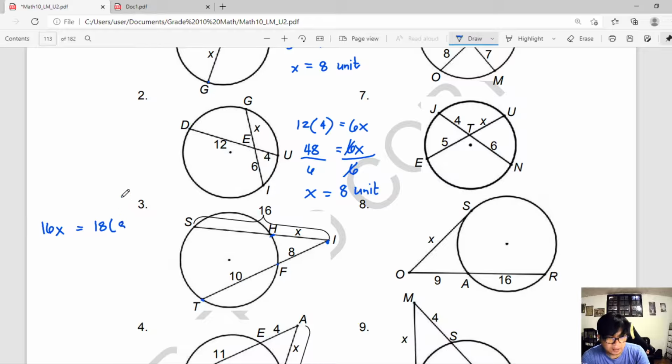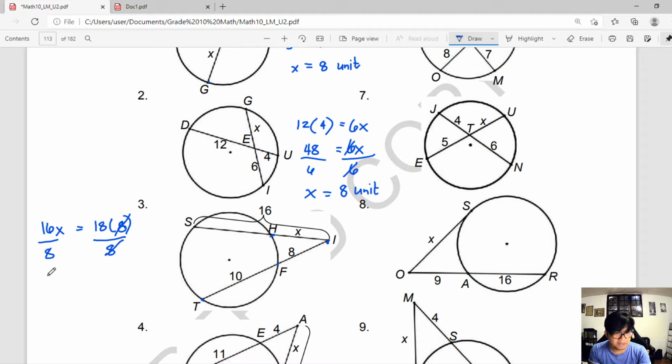Okay, instead of multiplying 18 by 8, we can divide, since we can divide 16 by 8. So we divide by 8 to simplify. Cancel the 8 here.